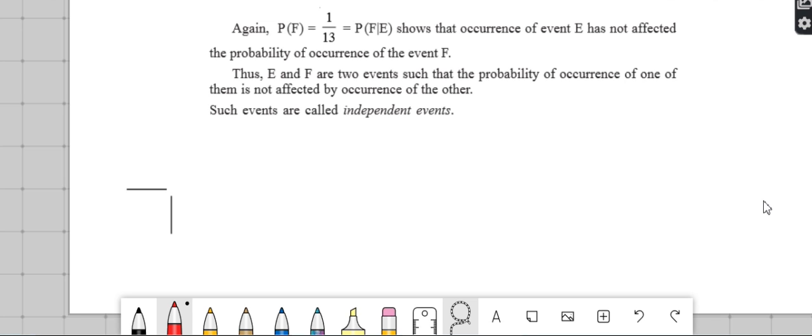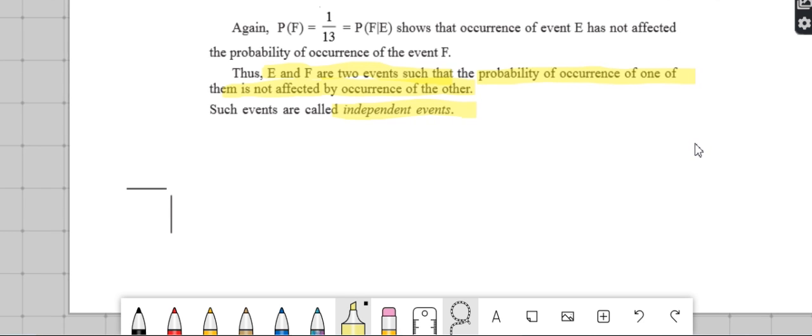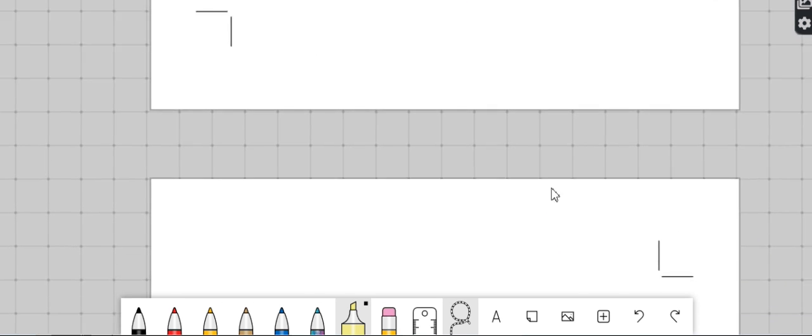If E and F are two events such that the probability of occurrence of one of them is not affected by the occurrence of the other, meaning if one event is occurring and its occurrence or non-occurrence does not affect the probability of the second event, then these two events are known as independent events. So mainly in exercise 13.2, we will use this concept of independent events.